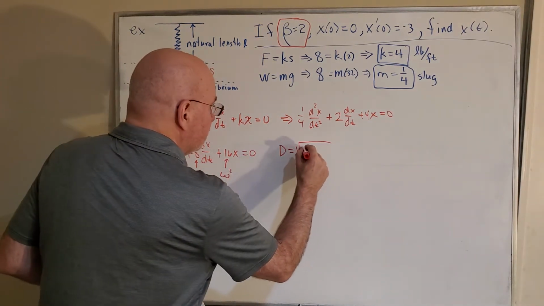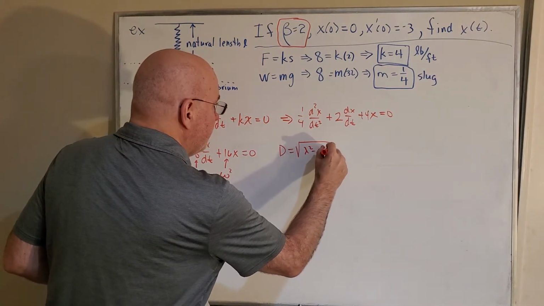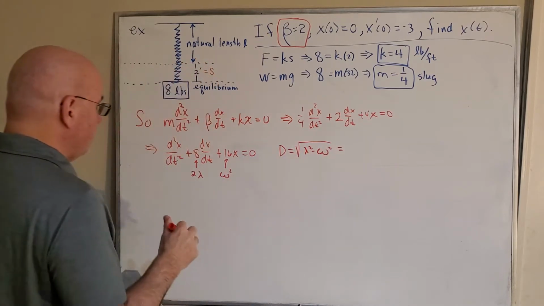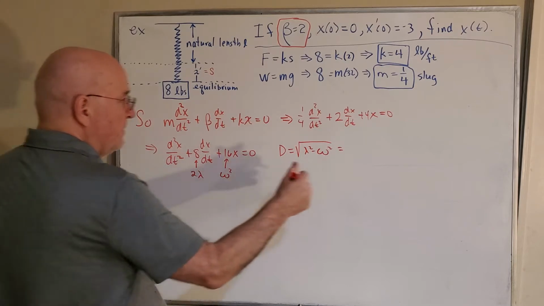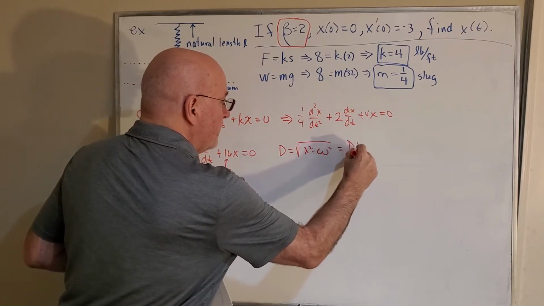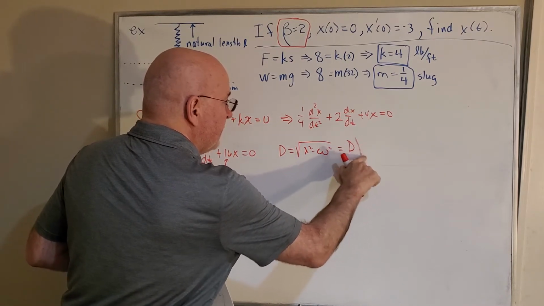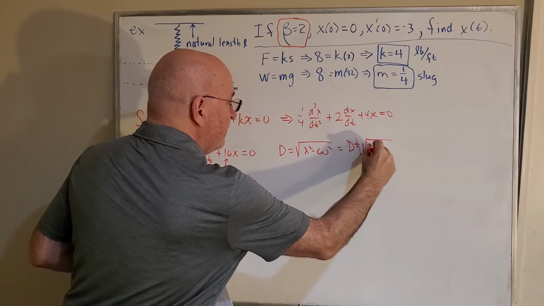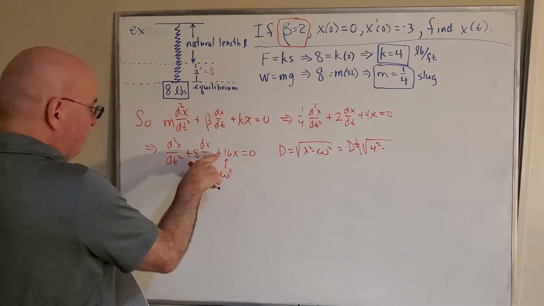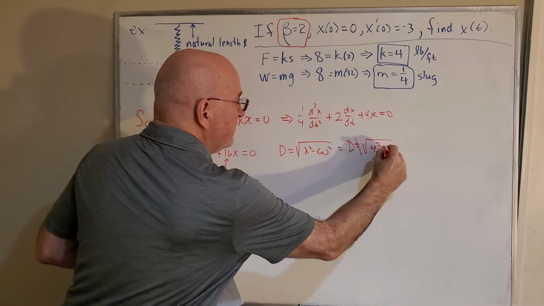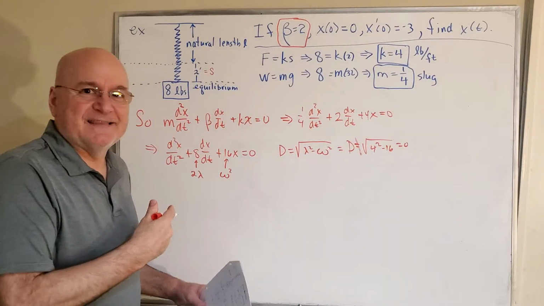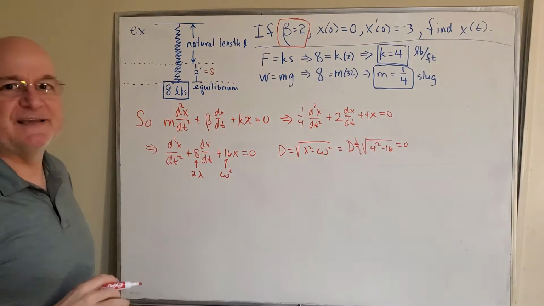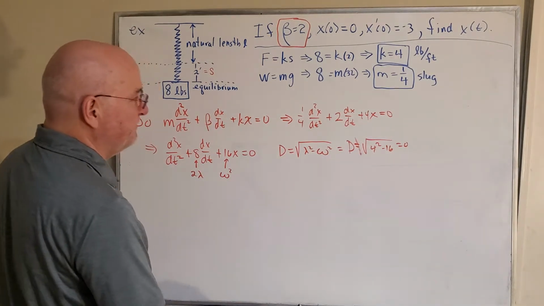This was lambda squared minus omega squared, which means 2 lambda is 8, so lambda is 4. Capital D is 4 squared minus omega squared, 16. So the discriminant is going to be 0. We're going to find that out already, but we're just proving again that the theorem does work.